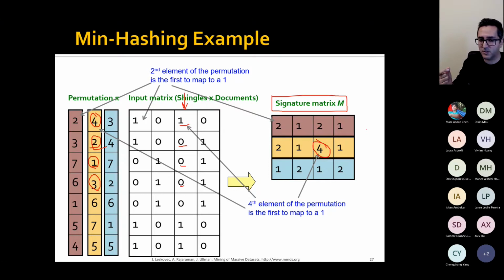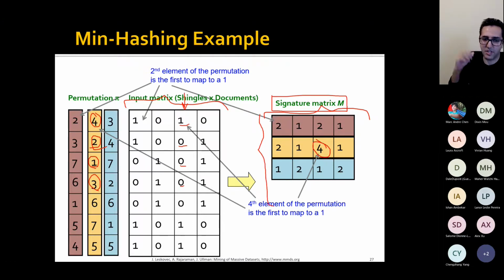Every row of the signature matrix comes from a particular permutation. Every column of the signature matrix is a document. So if I have n documents, my signature matrix will also have n documents, but I will probably have much fewer rows.